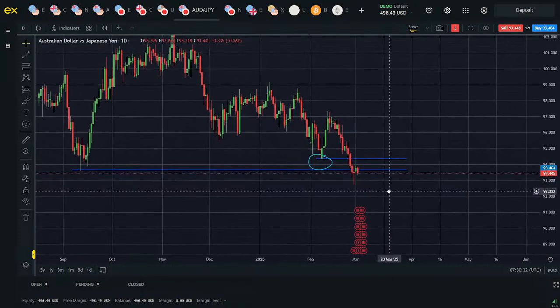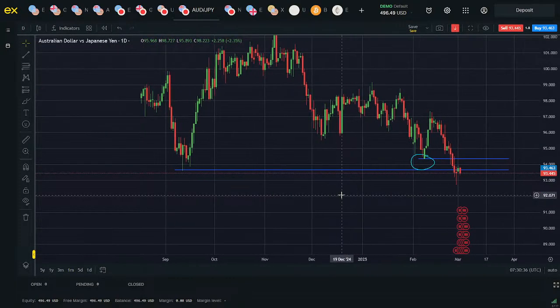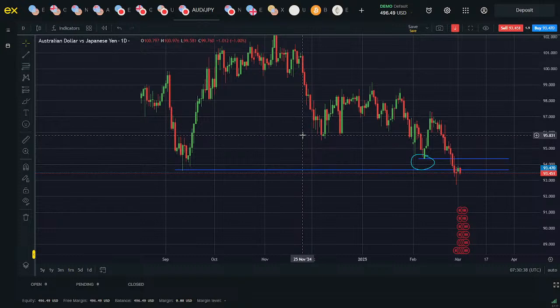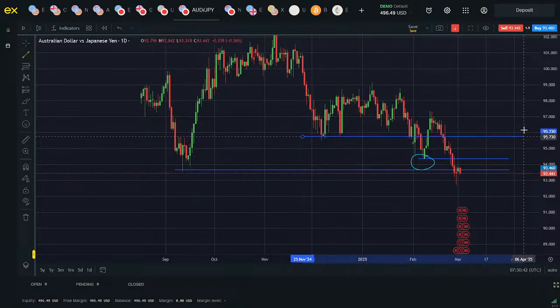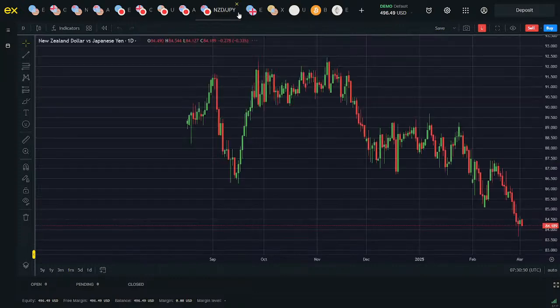After that it might rally up because the market has fallen very much. So you might see some bullish pattern on the upper side. This is what was about the Australian dollar.